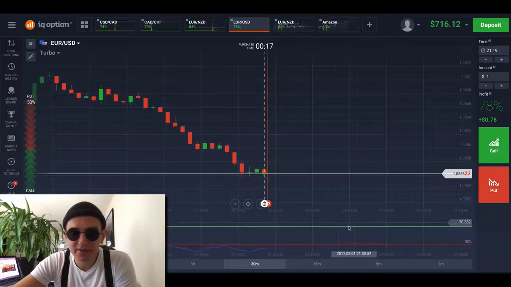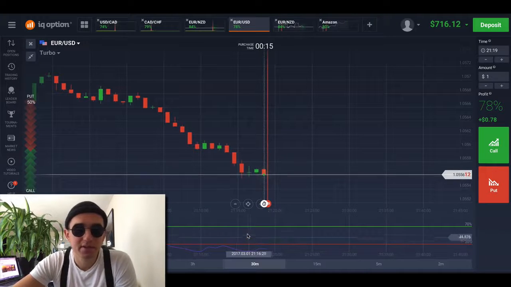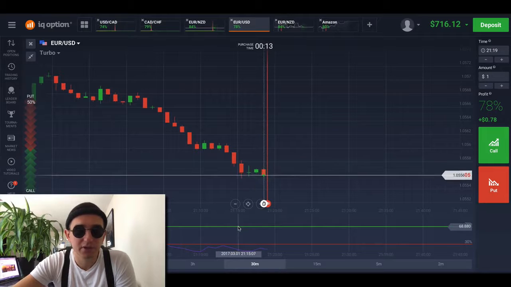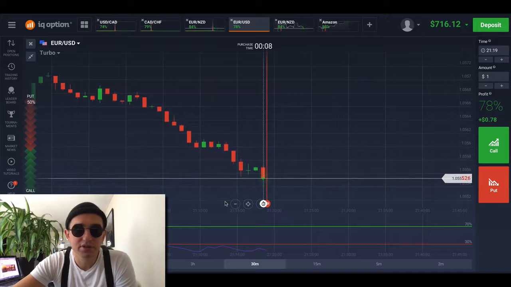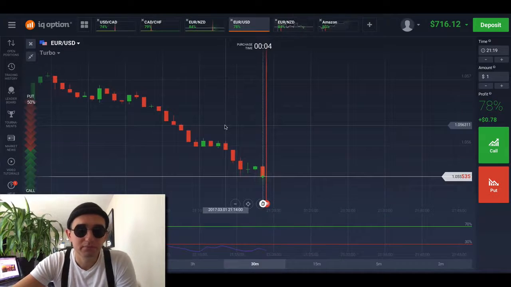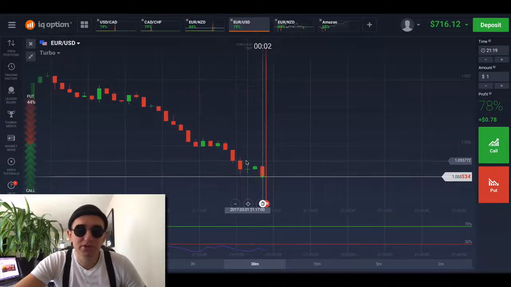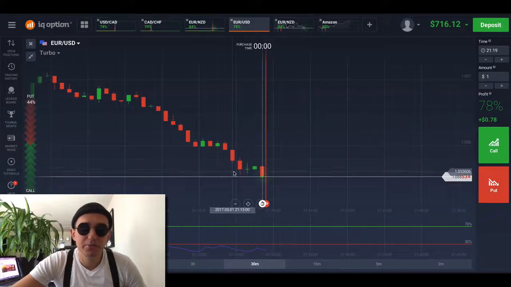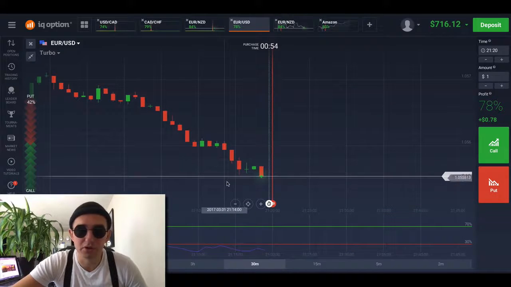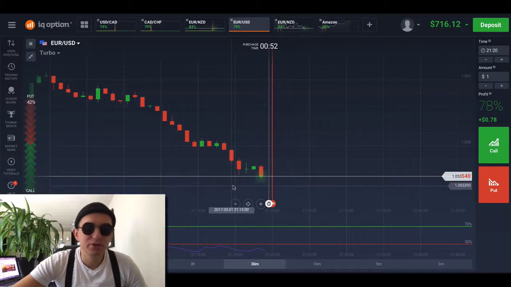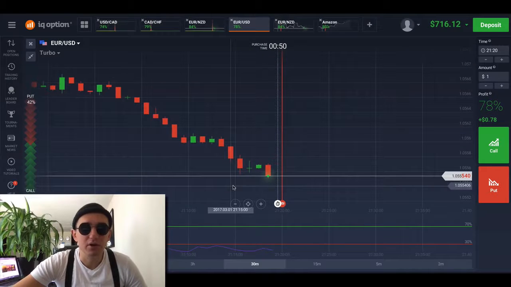So there are two levels, 70 and 30. The 70 level represents the overbought conditions and 30 represents the oversold conditions. In our case here, because we trade binary options, the 70 area should be a nice place to buy put options, and the 30 level should be the area to buy call options. So of course your question will be, is it working all the time?